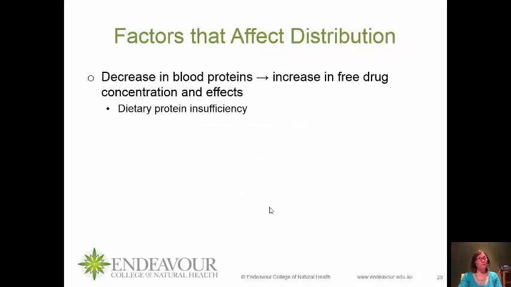Therefore, if the amount of a drug that's available at the site, the molecular target, the protein in the tissues or on the membranes, depends upon this pharmacokinetic parameter distribution, then one of the factors that can affect distribution will be how many blood proteins you've got. If you are on a diet low in protein, if you're in a famine situation in the geographic part of the world where you live, well, then you would produce less glycoproteins and way less albumin.